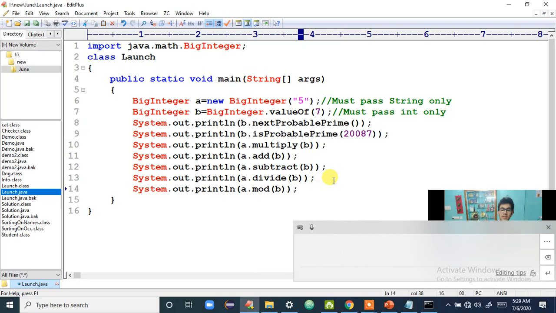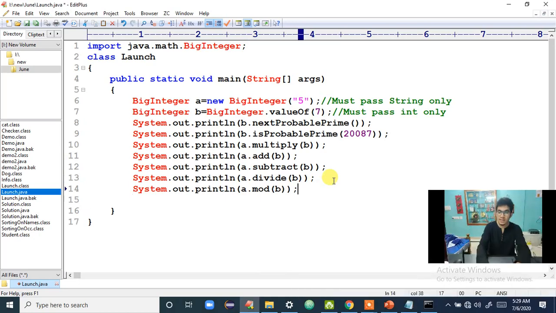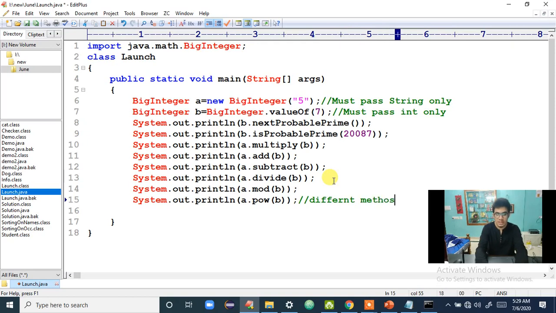But there is one method here. What's the method? The method is power, right? a dot pow. Okay, this is a different method. I'll comment here by saying it's a different method. Why is it a different method? You have to think when you read this.